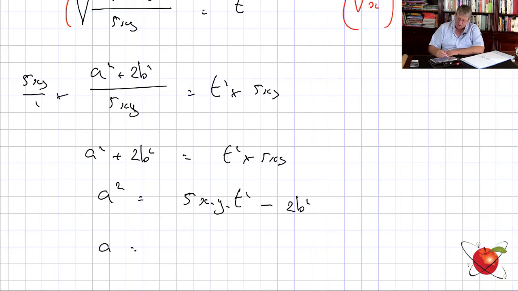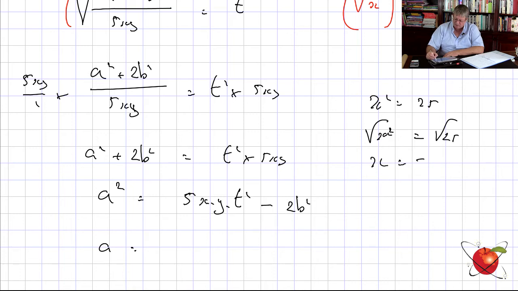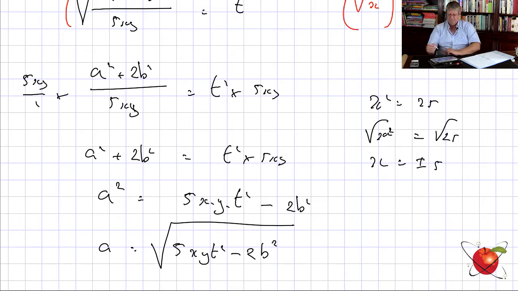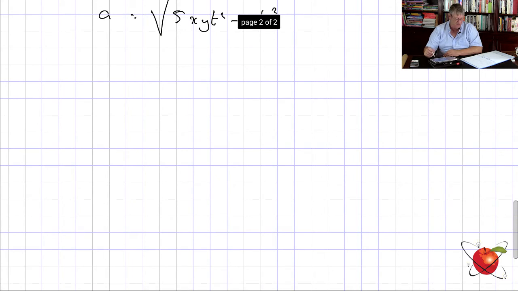If I know that x squared is equal to 25, the opposite is the square root: the square root of x squared is the square root of 25, and x is equal to plus or minus 5. So a is going to be equal to the square root of that. So far so good. These are actually quite straightforward.